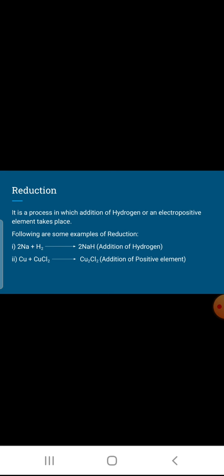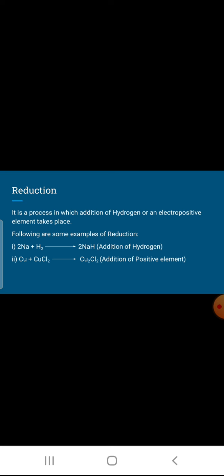Next is the reduction. Reduction is the process in which addition of hydrogen or an electropositive element takes place. Here few examples are: when sodium is treated with hydrogen, it will form sodium hydride.